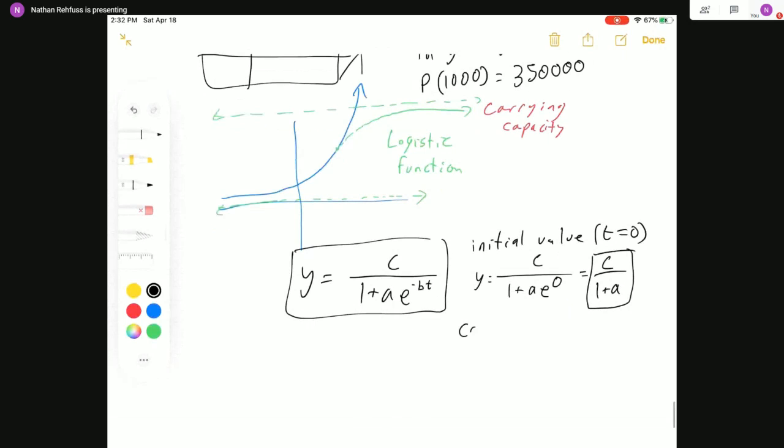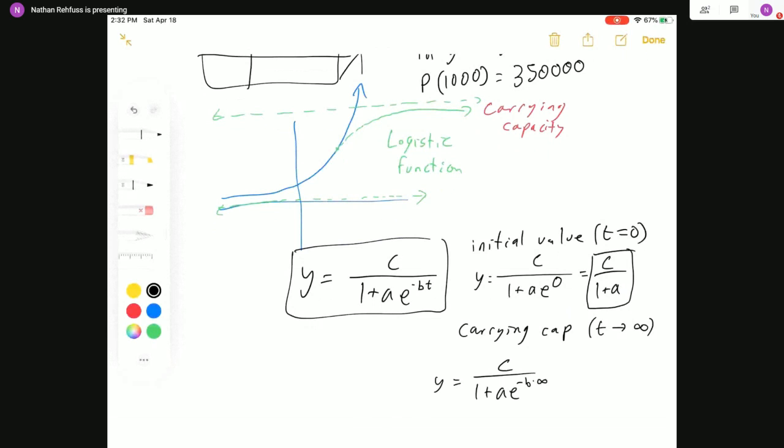Now the carrying capacity is what happens when t moves toward infinity. What's going to happen there, do you think? Well, we have y equals c over 1 plus a e to the negative b times, I'm going to abuse notation very badly here, infinity is not a real number, but imagine we put in an infinity here.